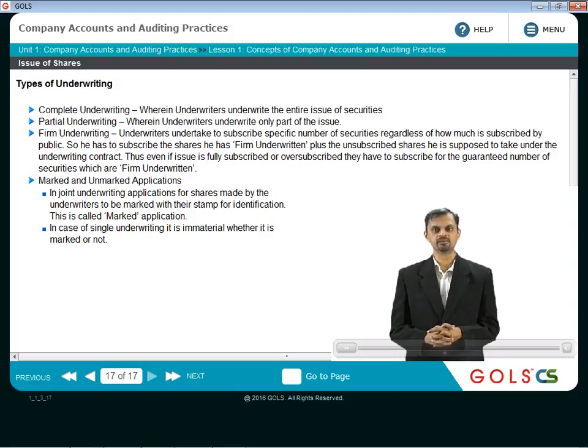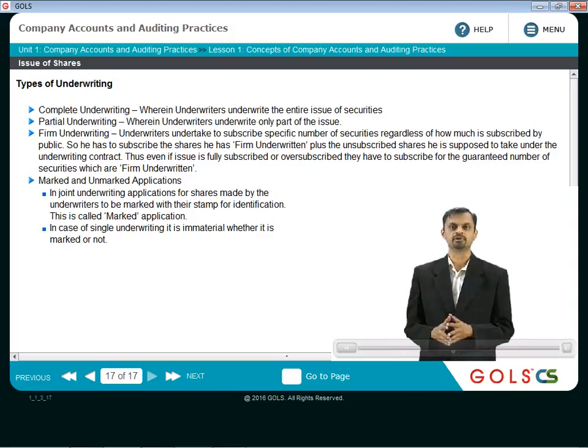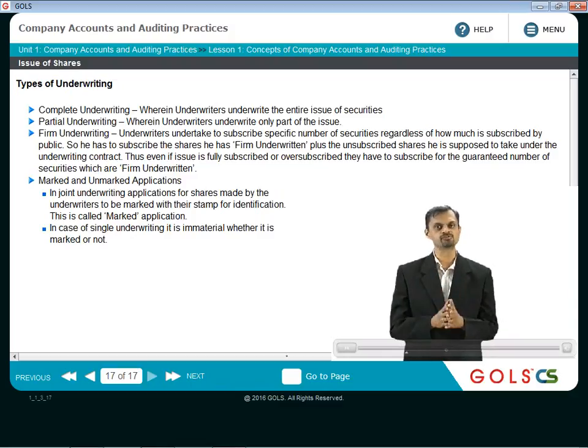Now there is something called firm underwriting. Now the firm underwriting basically says that those many shares will be taken up by the underwriters no matter what the subscription from the public is. So underwriters undertake to subscribe specific number of securities regardless of how much is subscribed by the public. So the underwriter has to subscribe the shares he has firm underwritten, that is why it is called firm underwritten, plus the unsubscribed shares he is supposed to take under the underwriting contract.